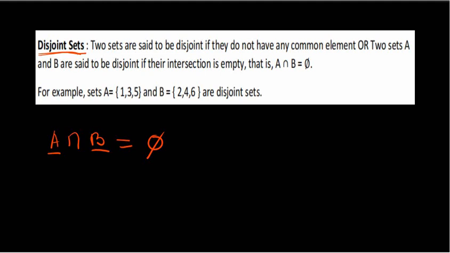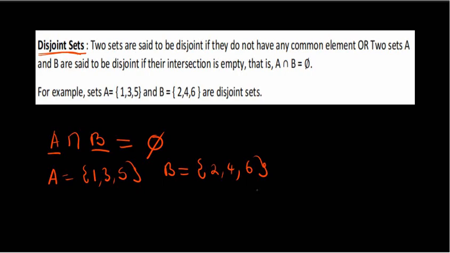A good example: we have A with the elements 1, 3, then 5, and B with 2, 4, then 6.